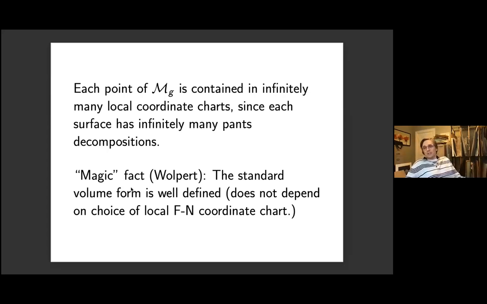But it says that, essentially, in this most common system of local coordinates, the standard Lebesgue measure is well defined. Okay, so it's magical. So you can imagine if this is magically well defined, it's quite meaningful to think about this volume form. And I should say, of course, that the total volume of the space is finite.